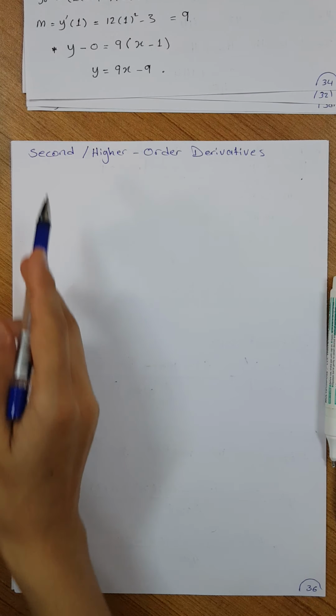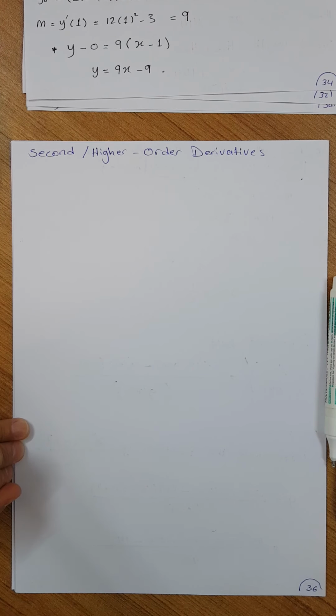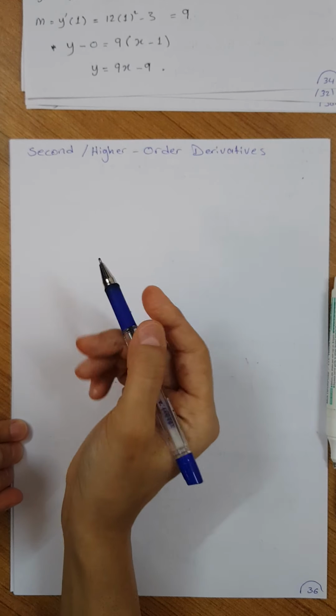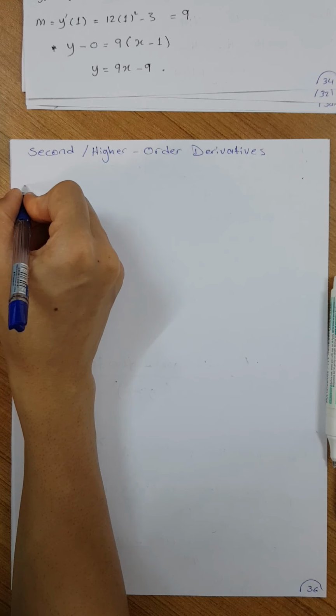When you are required to find the second derivative of the function, you simply find the derivative of the first derivative, nothing more. So let me give an example.